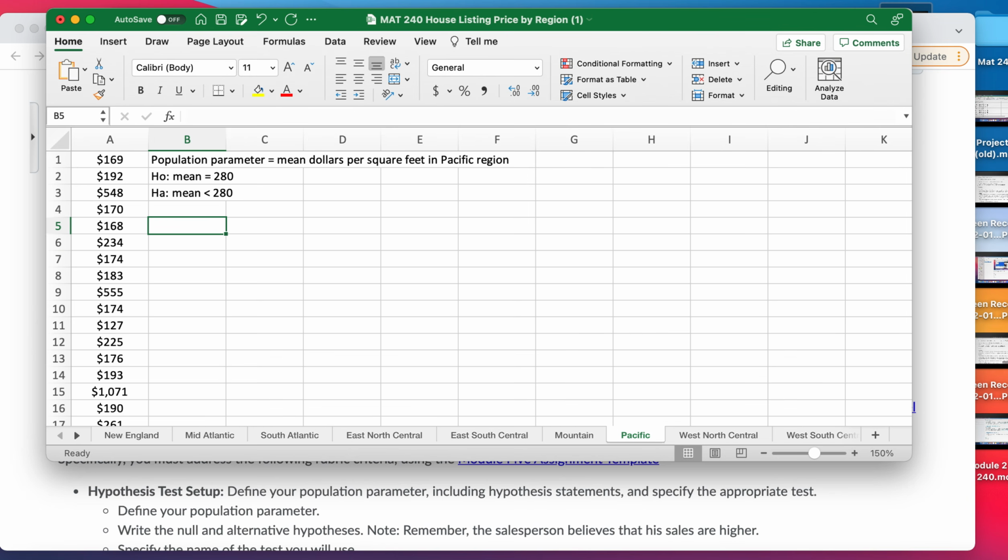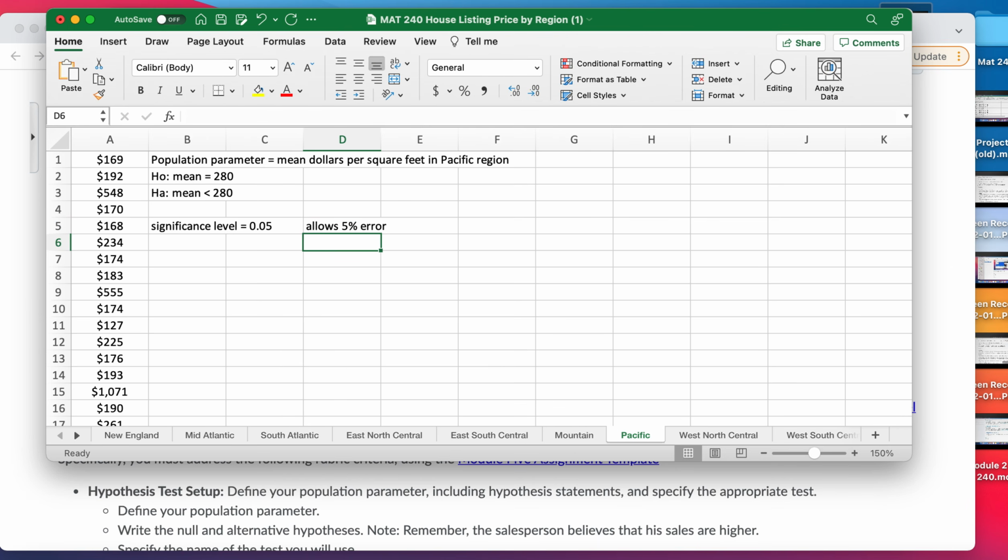Let's go back to the instructions. The hypothesis test, interpret the results using a significance level of alpha equals 0.05. Okay, significance level equals 0.05. That means we're going to allow 5% error.